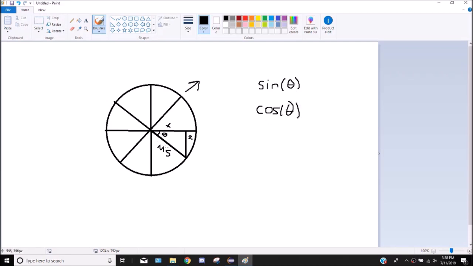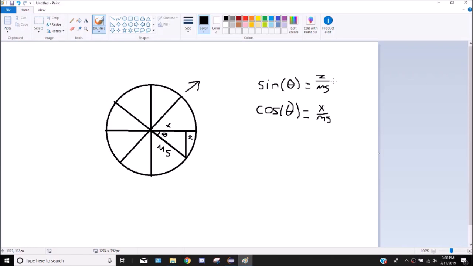And since we know the hypotenuse, which is this long line right here, we know that this is sine, so this is equal to z over ms, and this is equal to x over ms. And so we need to find out what the z value and the x value are.